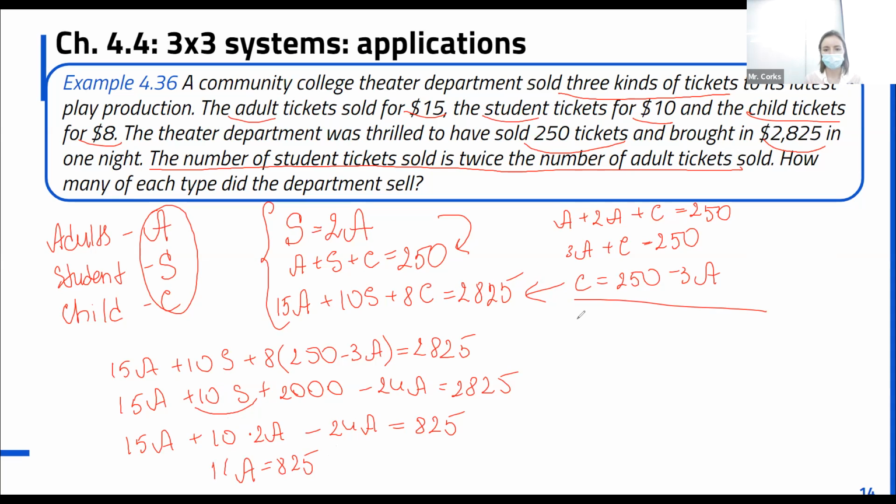So let's calculate what we have. 75. So we have the number of adult tickets, 75. And here we can directly see the number of student tickets, because student tickets are twice adult tickets. So 75 multiplied by 2, 150.